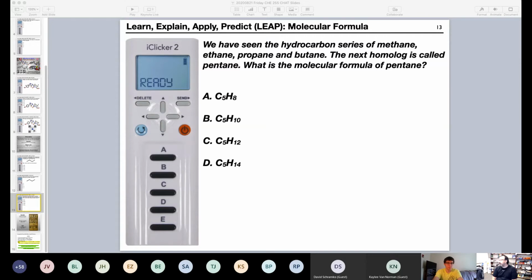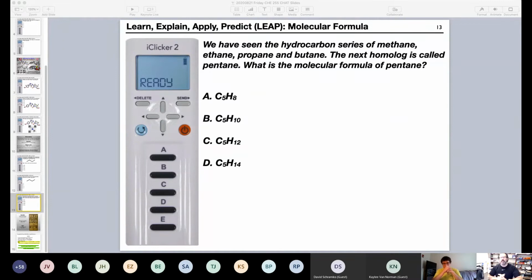Whatever n is, you're going to have 2n+2 hydrogens. Saturated means that the carbon has 4 sigma bonds. And in terms of the alkane functional group, each sigma bond is either to a carbon or to a hydrogen.